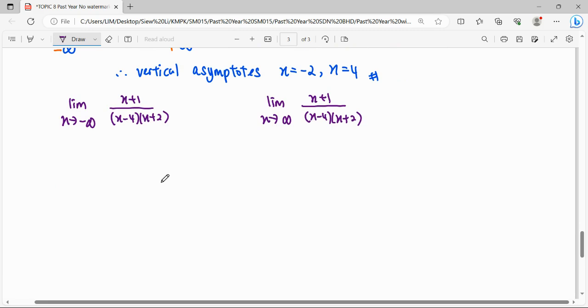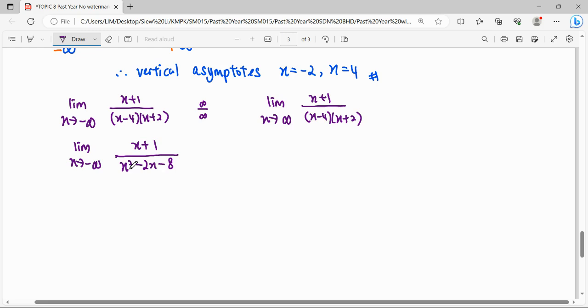So we try to substitute our infinity inside. We get infinity over infinity, indeterminate form. So we have to simplify our function here. Expand the denominator, we can notice that this is a quadratic, which is x squared minus 2x minus 8. So in the case of the indeterminate form infinity over infinity, we're going to divide by the highest power of x here, which is x squared.